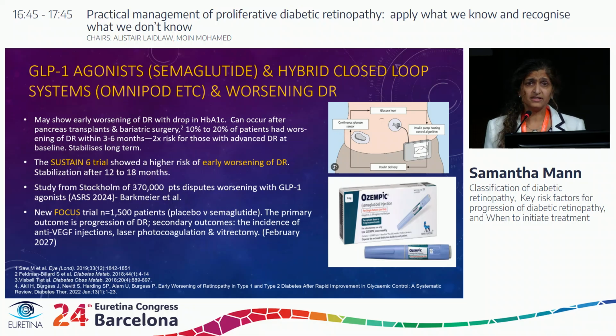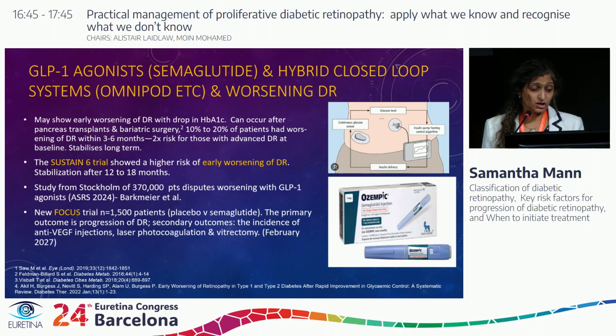There is this worry that they could be worsening retinopathy because of the drop in HbA1c. We know from other studies that after pancreas surgery or bariatric surgery, up to 20% of patients can get a worsening, and this can happen within the first 3 to 6 months, and it's much more likely if you've got advanced DR at baseline. The SUSTAIN 6 trial also showed an early worsening, but after about 12 to 18 months, it seems to stabilise.